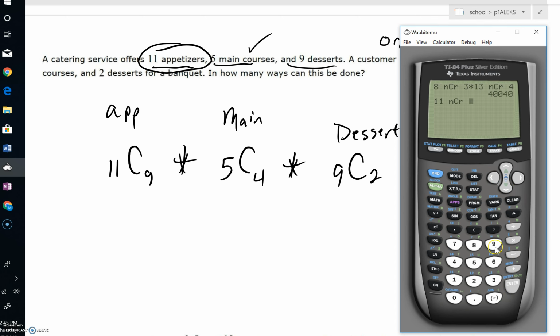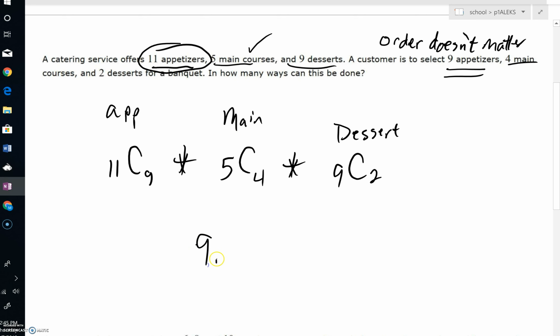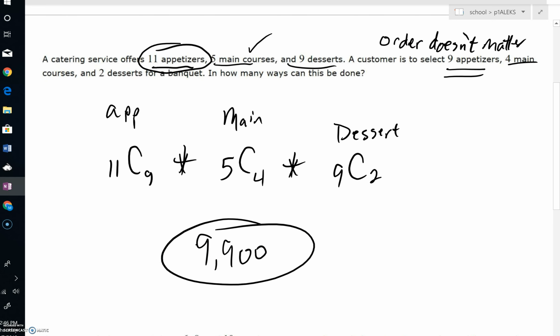So that's 11 choose 9 times 5 choose 4. And then finally, we'll say out of these 9, we're going to select 2. So you can see all of those get multiplied together. We'll have a big number, 9,900 different choices you could make.